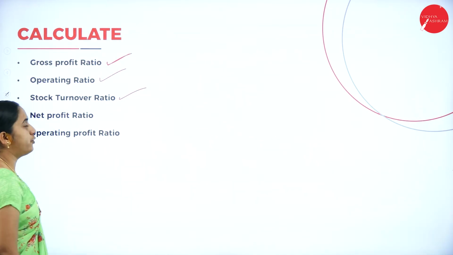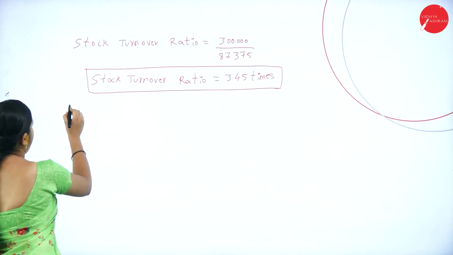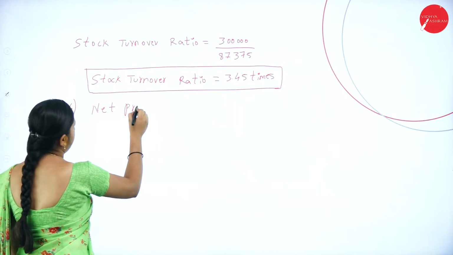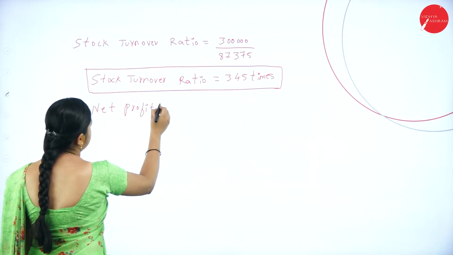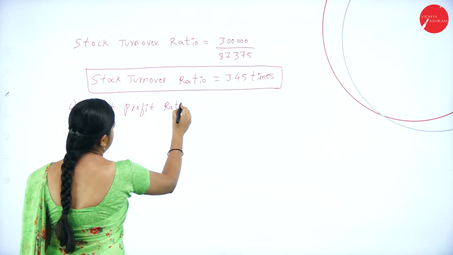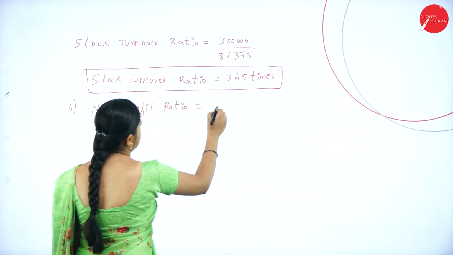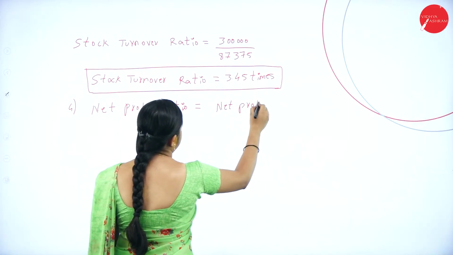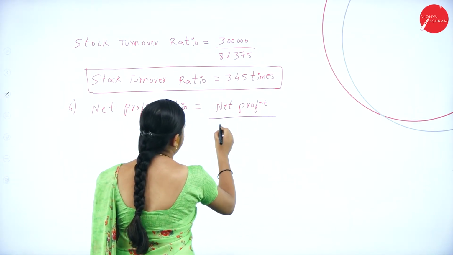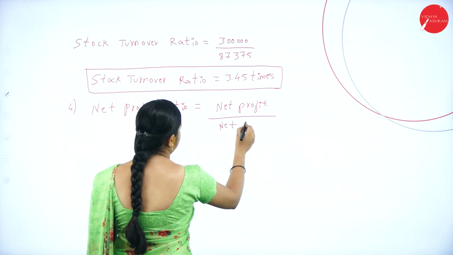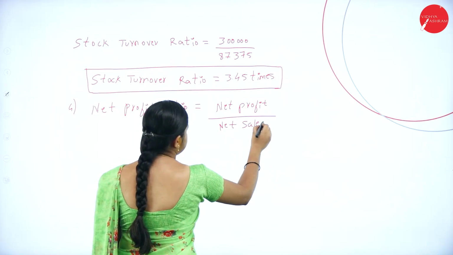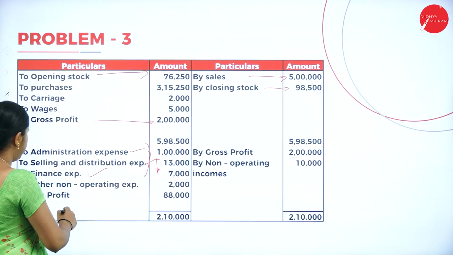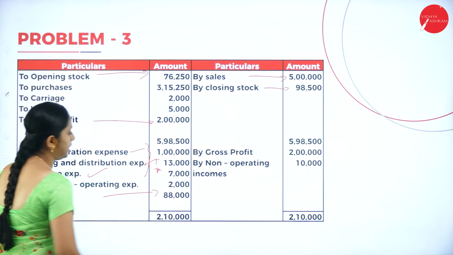Next, net profit ratio. Write down the formula. Net profit ratio is equal to net profit divided by net sales into 100. Net profit is 88,000.